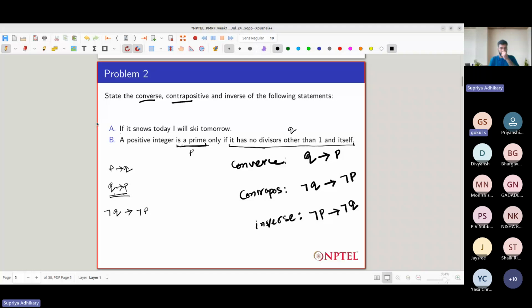And the inverse: negation P implies negation Q. So what is the negation of P? That a positive integer is not prime. And this statement should imply that: if a positive integer is not prime, then it has at least one divisor other than 1 and itself. So that should be our final statement. Okay. So now we have seen how to construct the converse, contrapositive, and inverse statements.